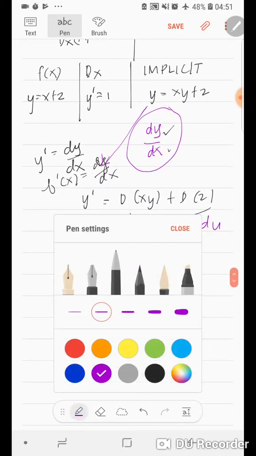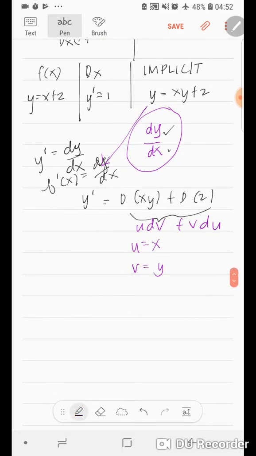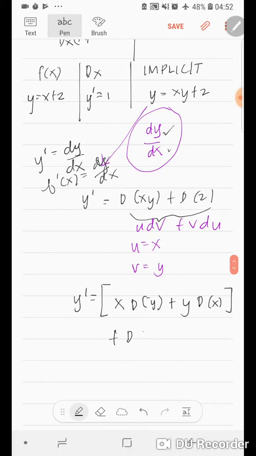So y prime is equivalent to x times the derivative of your y plus your y times the derivative of your x plus the derivative of a constant 2.